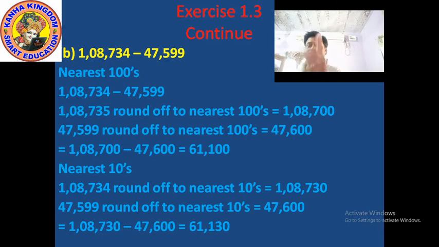It means 1 lakh, and before lakh is the 1000 period. The 1000 period starts just after the first comma. How many digits just after the first comma? 2 digits. Which are they? First 8 and then 0. Where is 8? 8 is in the 1000 place and 0 is in the 10,000 place.